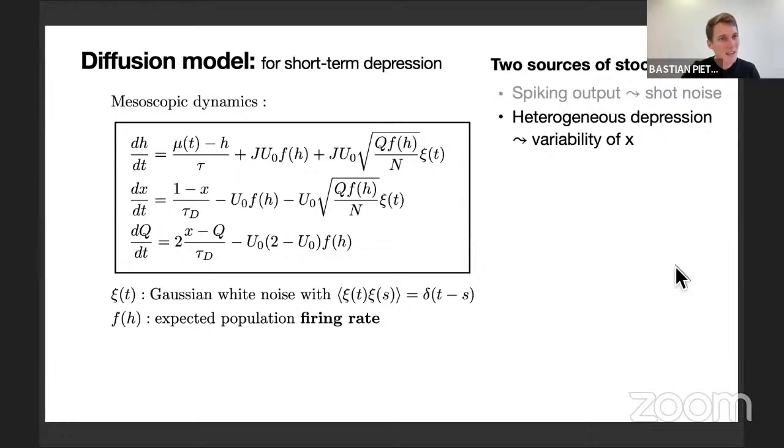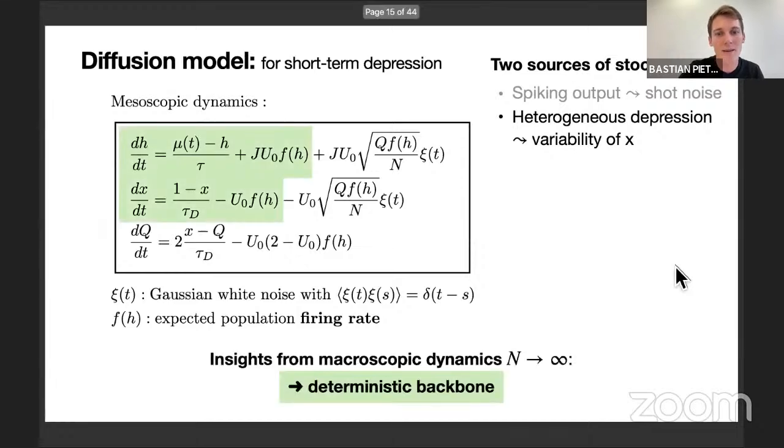Interestingly, in this diffusion model, a first step is we can go to the limit n to infinity. If we take n to infinity, the noise vanishes and we end up with the macroscopic dynamics, what I call this deterministic backbone.